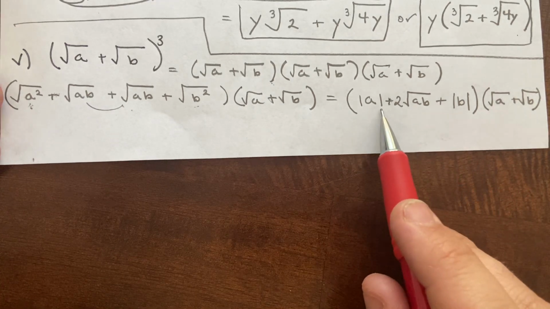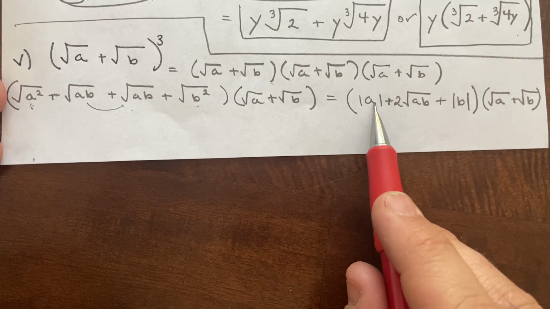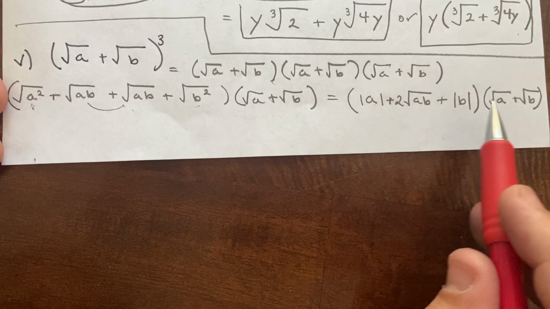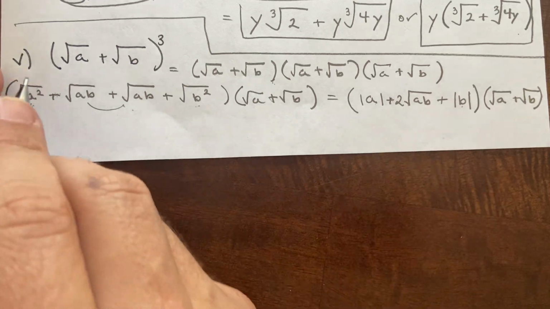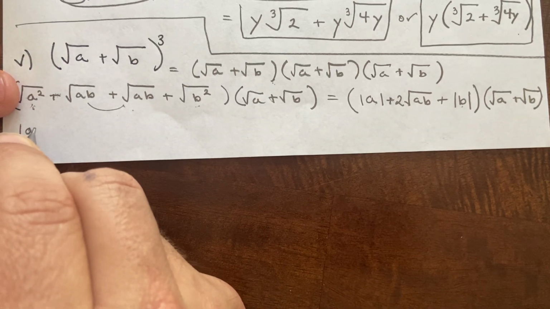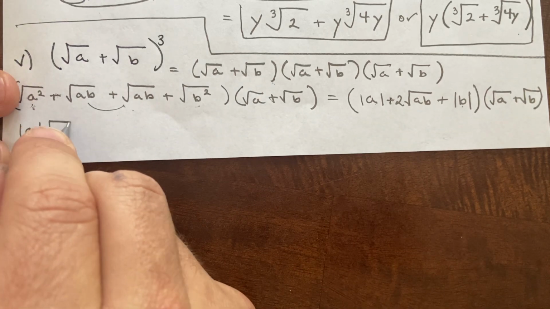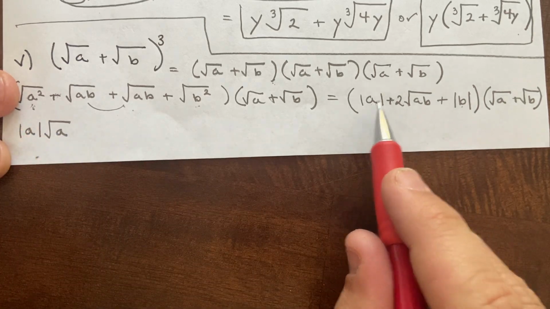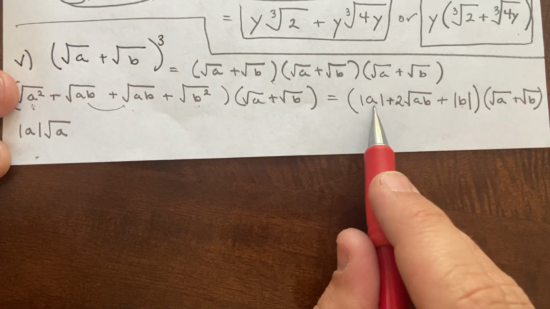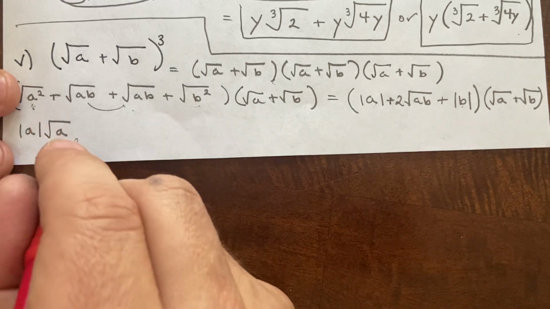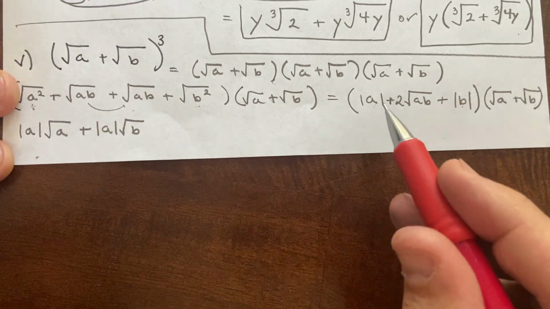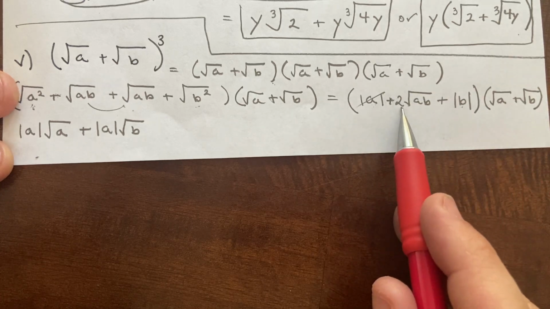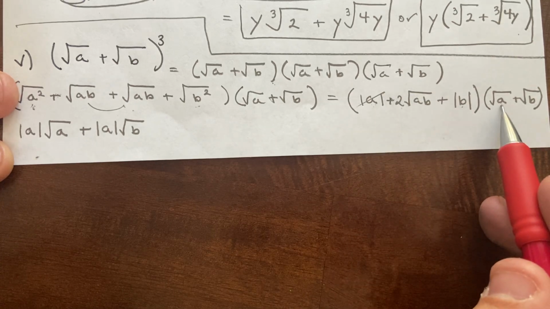Okay, so I'll need to distribute basically root a into this, this into this, and then this into this. So I'll have absolute value of a, root a, right? Absolute value of a, root a. Absolute value of a, root b. So this one is done. 2 root ab times root a.